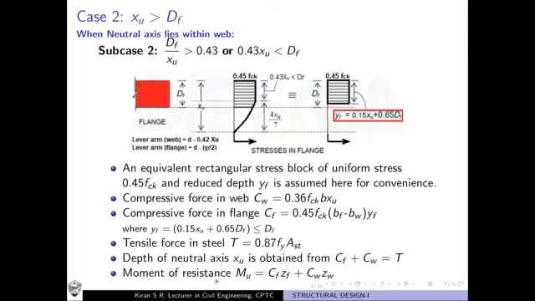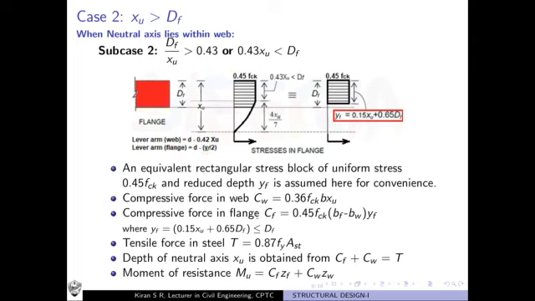The moment of resistance is determined in the same way, as the contributions of web and flange separately, that is Cf into Zf plus Cw into Zw, where Zf and Zw, the lever arms in flange and web, are also given here. It is the same as the previous case, the only difference is that the depth of flange df is replaced by yf here also.